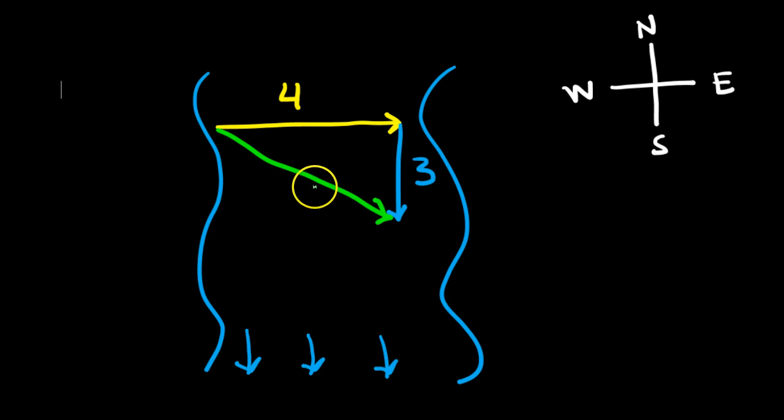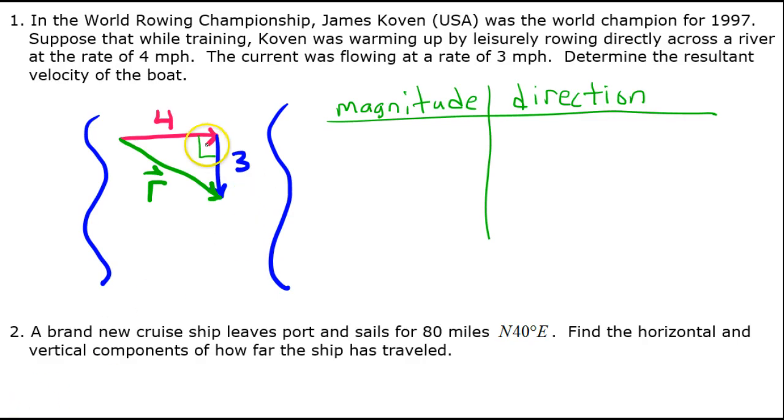Now, we're supposed to find the velocity. That's going to be represented by vector r. And the word velocity automatically includes the magnitude and the direction. This problem will be relatively simple because the two vectors involved, the speed of Coven swimming across the river and the velocity of the current, one of them is horizontal and one of them is vertical.